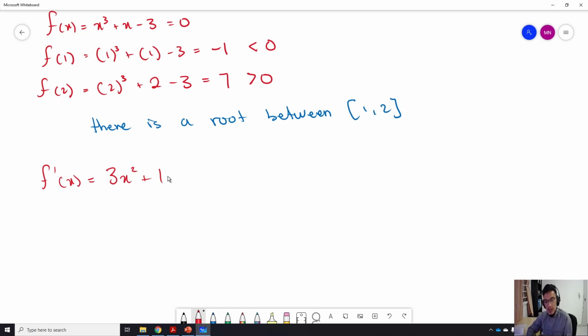The interval mentioned here is that there is a root between 1 and 2. So now let us start our x naught with a value that is in between 1 and 2. Just take the middle one to make it easier. Just take x naught as 1.5, which is in between 1 and 2. So 1.5 is our initial approximation.